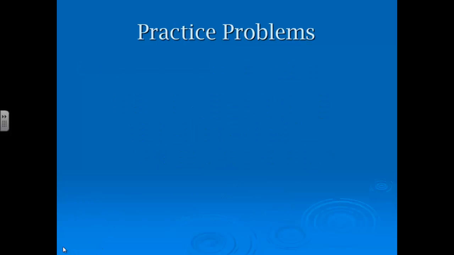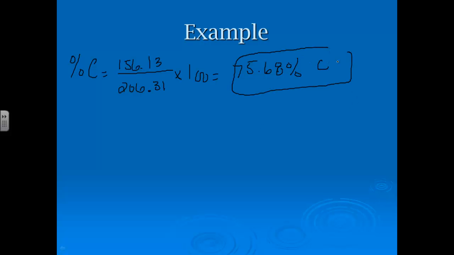All right, so if we do our next ones, for the percent of carbon, we take that 156.13, we divide it by 206.31 times 100, and we get 75.68% carbon.